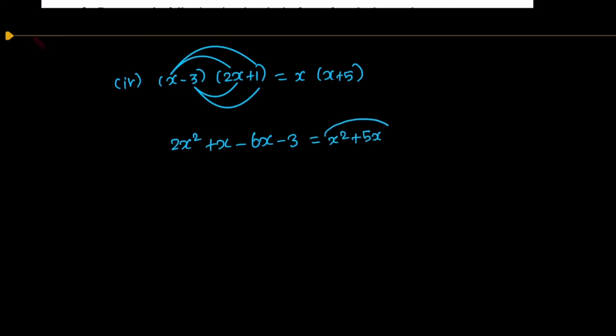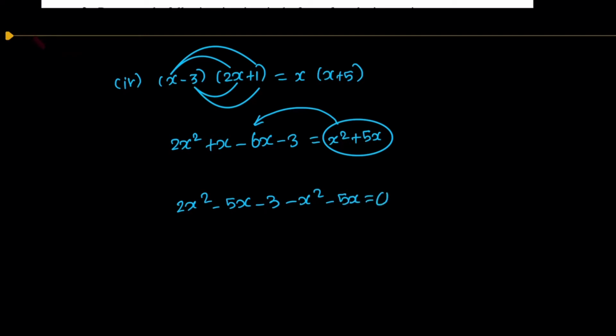The next part, we need to move to the left side. So 2x² − 5x − 3 − x² − 5x = 0.